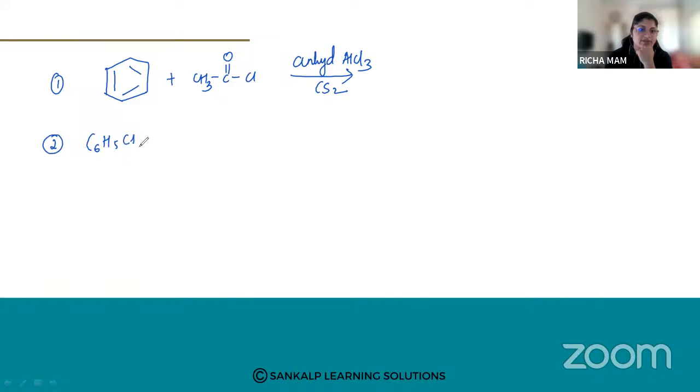You have to see what type of reaction it is undergoing and tell the answer. Everybody has to answer this one by one. This is the first question. The second one is C6H5CH2 twice cadmium plus.